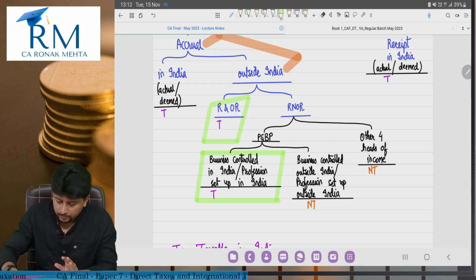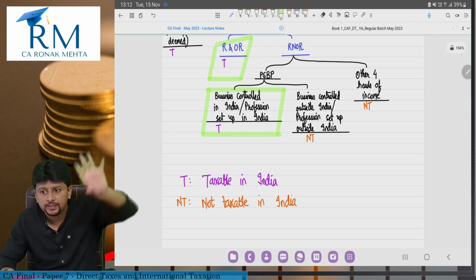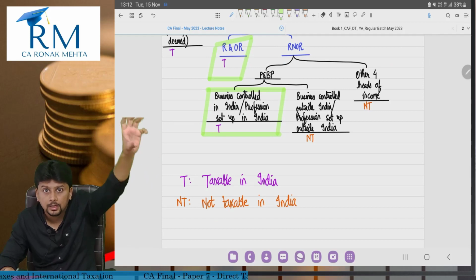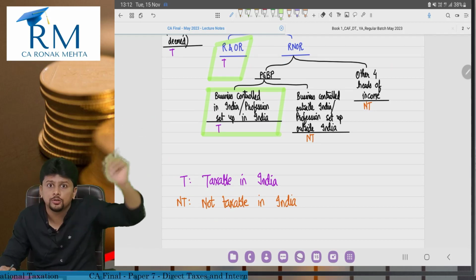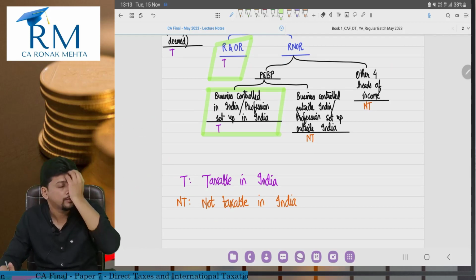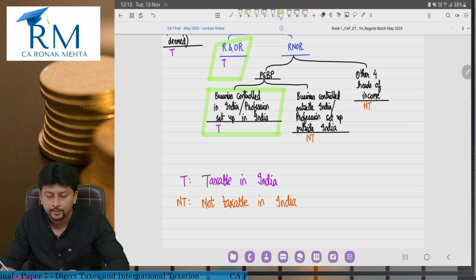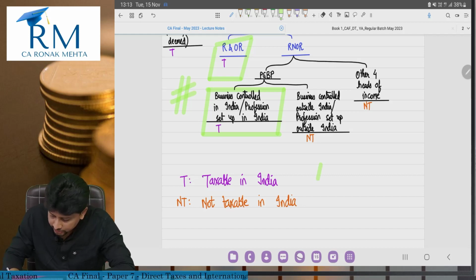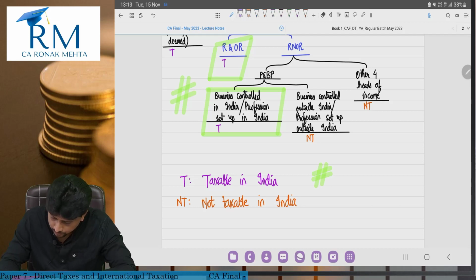Taxable in India. But sir, that means if it is accrued outside India, the country where that income is accrued, they will also tax me. In fact, you would have understood also what I am hinting at. I am talking about double taxation happening. Definitely double taxation is possible.